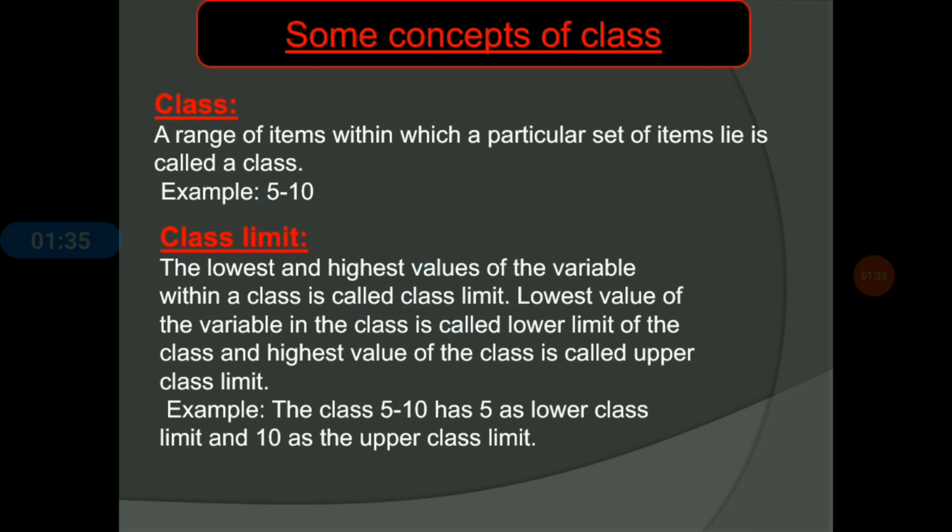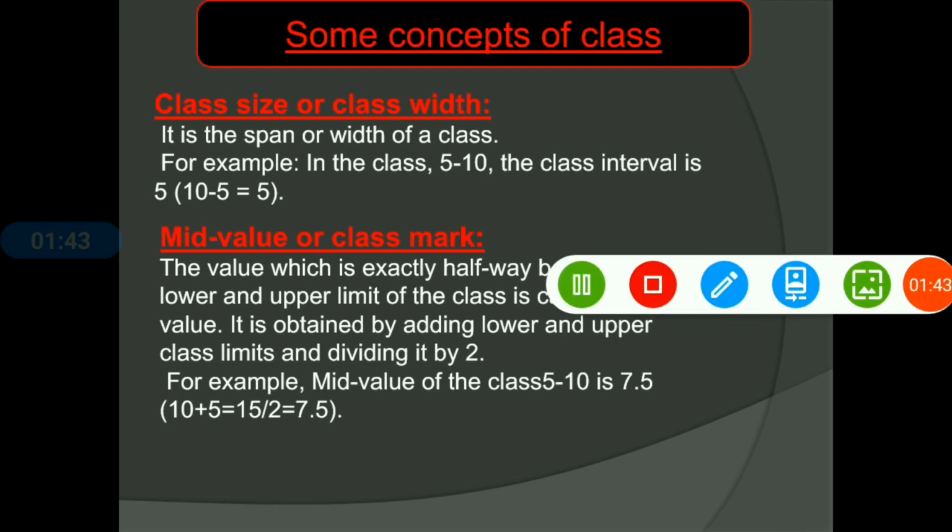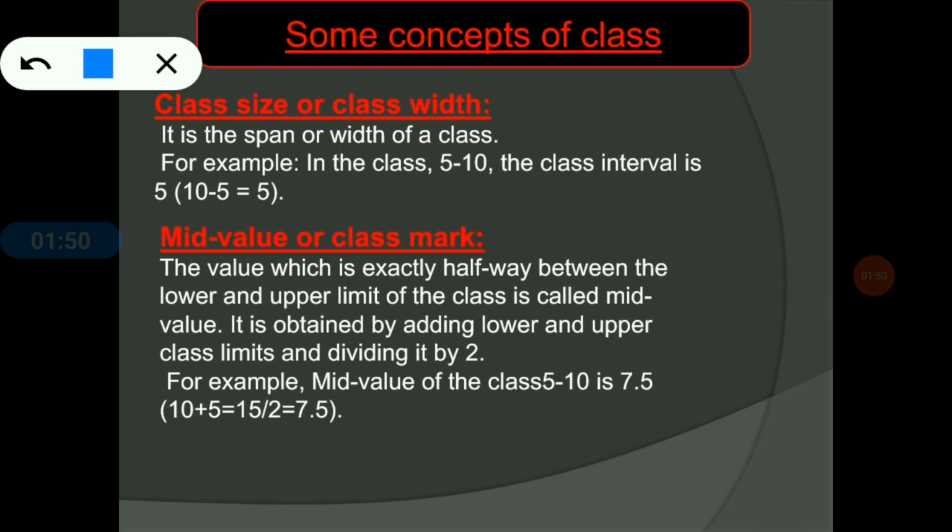Now move on to the next part, that is class size or class width. Class width indicates the span or width of a class. How do we get the class size of a particular class? When we subtract the lower limit from the upper limit, we get the class size or class width.